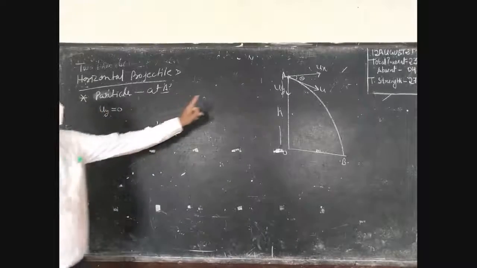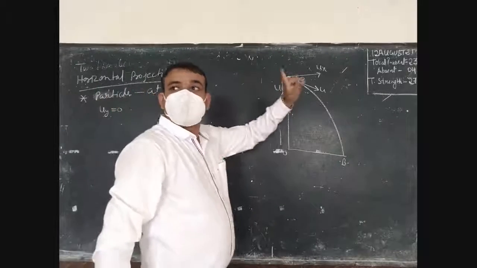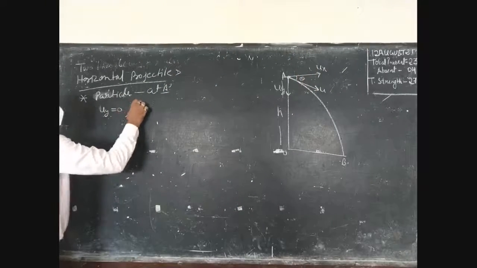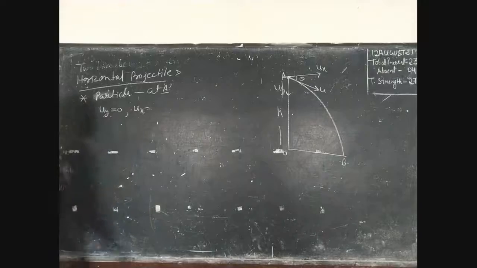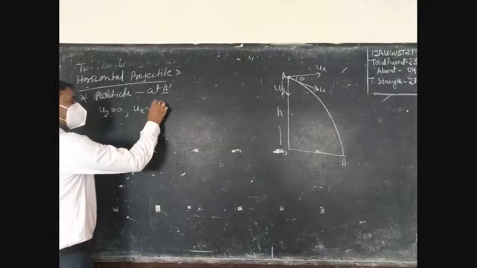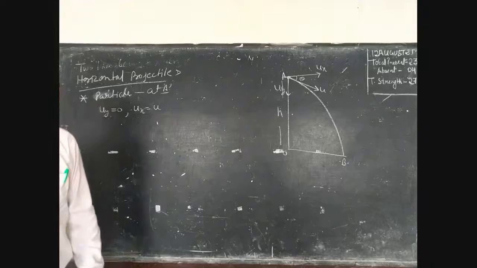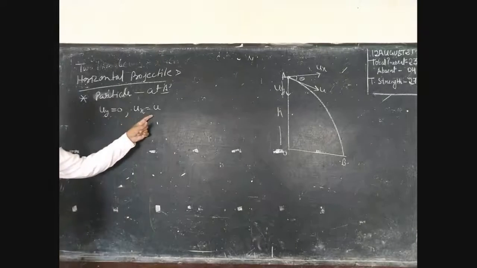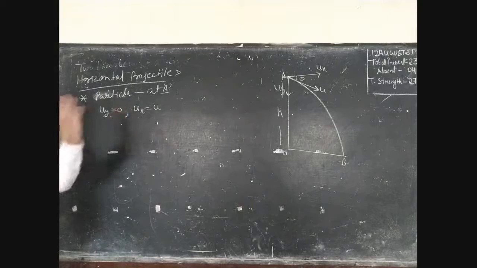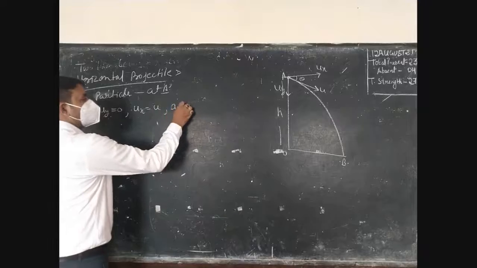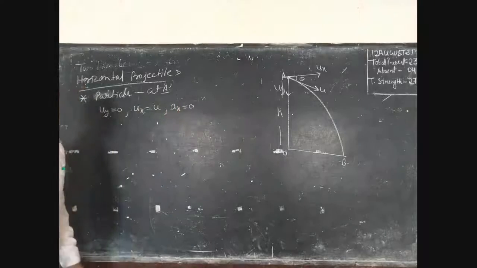The initial velocity in the vertical direction is 0. ux is the horizontal velocity, equal to u, because there is no effect of acceleration due to gravity on the initial horizontal velocity. ax is 0.